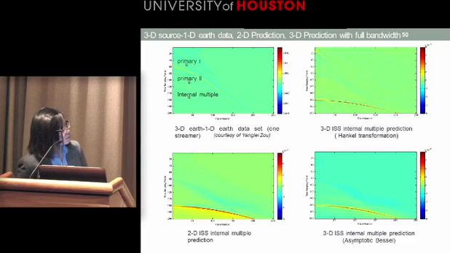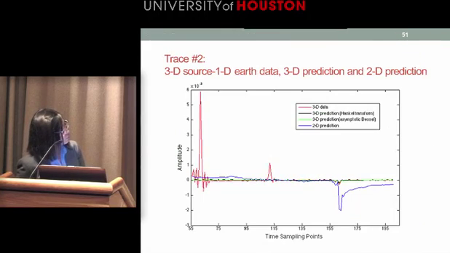The one below the Hankel transform one is also the 3D prediction, which is transformed back by a more efficient asymptotic Bessel function. And the bottom left one is the prediction generated by a 2D SS internal multiple prediction. So we can see the difference by trace comparison here.